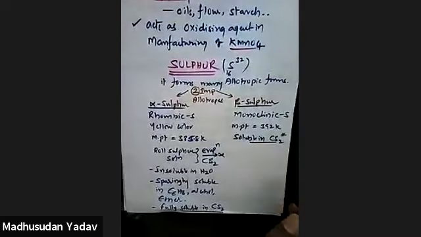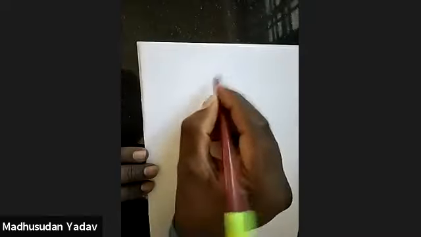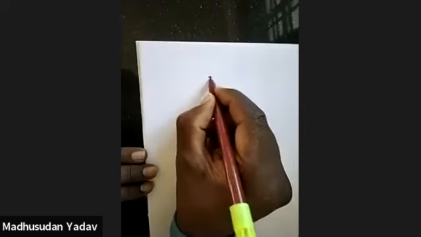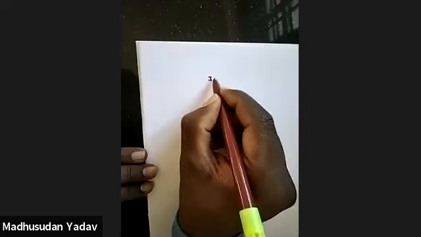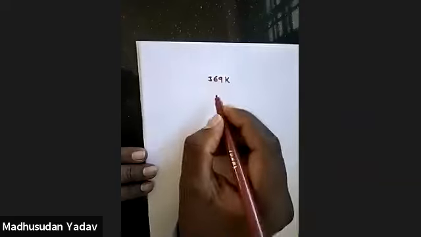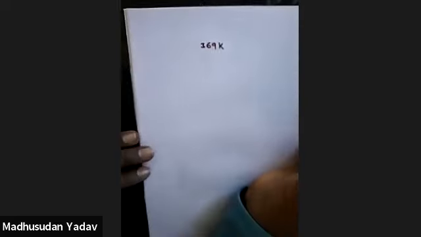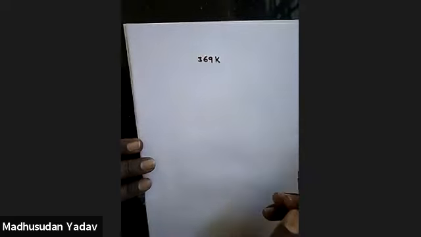Next, we have the relationship between alpha and beta sulfur. There is a temperature of 369 Kelvin.